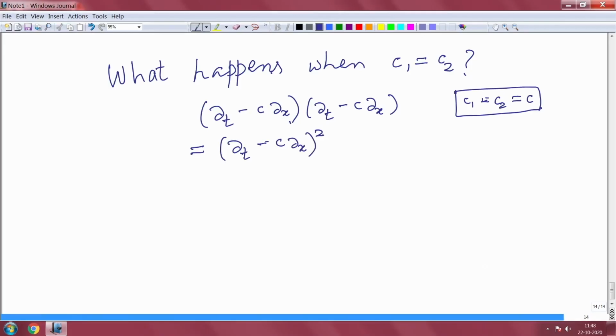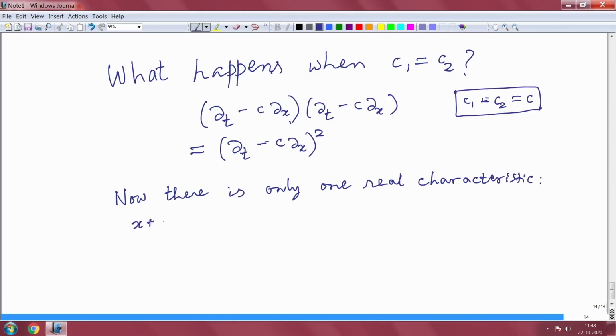Okay. But now there is only one real characteristic. Okay, that corresponding characteristic family is given by x plus C t equal to constants.